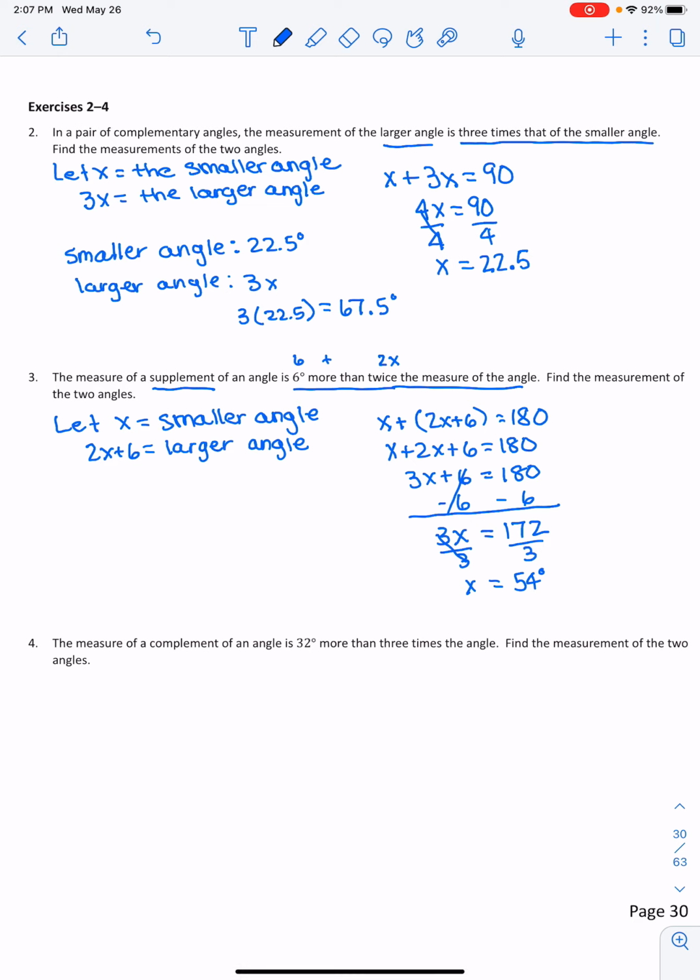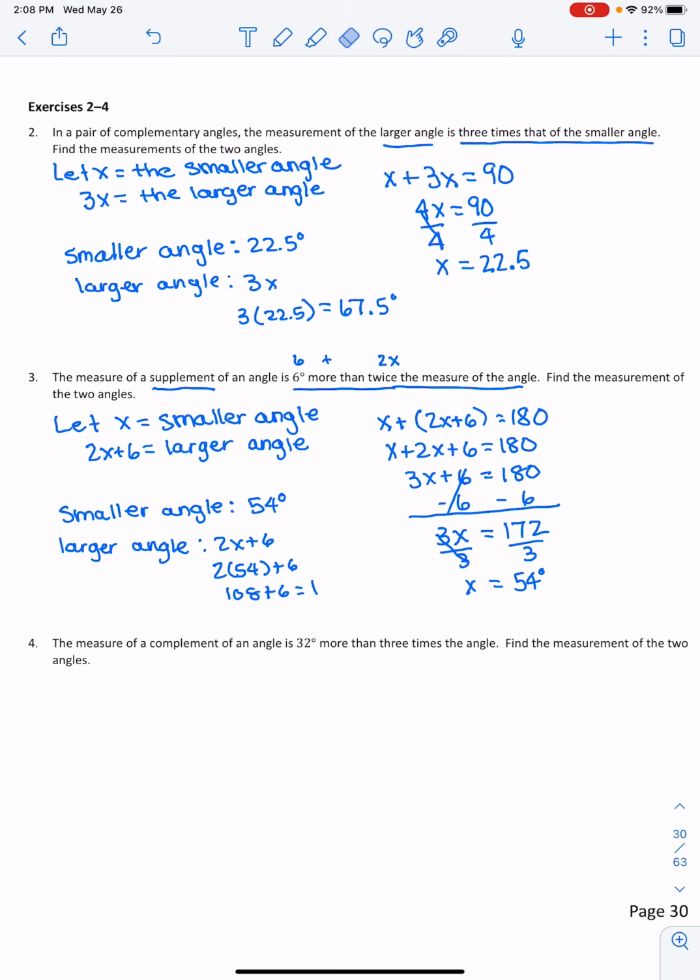So my smaller angle is 54 degrees. My larger angle is 2x plus 6, or 2 times 54 plus 6, or 108 plus 6, which equals 114.